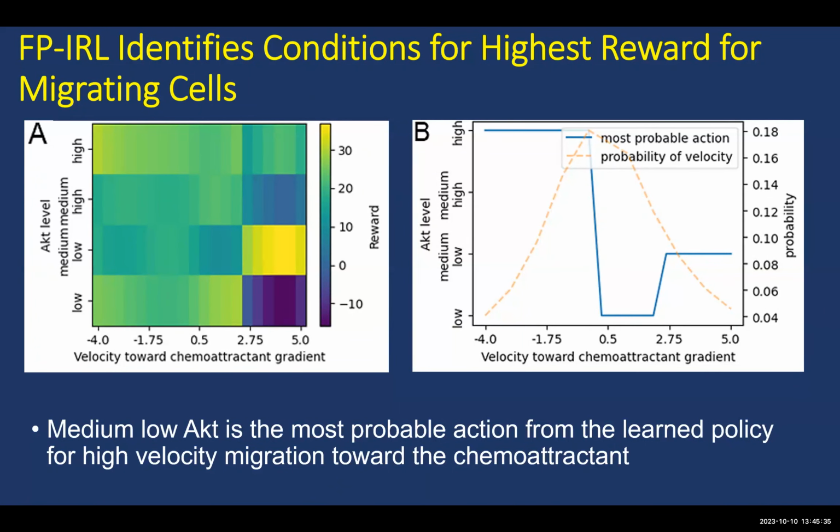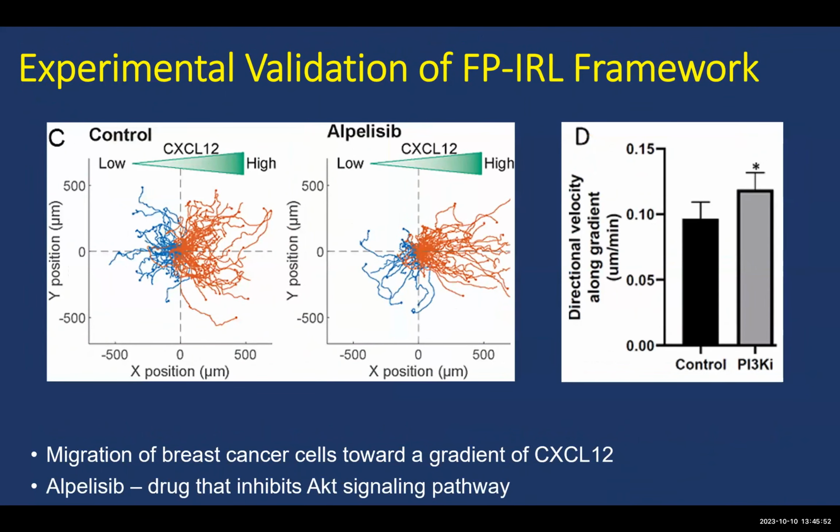And this is just showing the probabilities of velocity toward the gradient for the different conditions. So this predicted something that we could test, that if we can drop the AKT activity of a cell, it should migrate more. So experimentally, we said, if we treat with alpelisib, a drug that's approved for breast cancer and other malignancies, it inhibits upstream of AKT and blocks that activity.